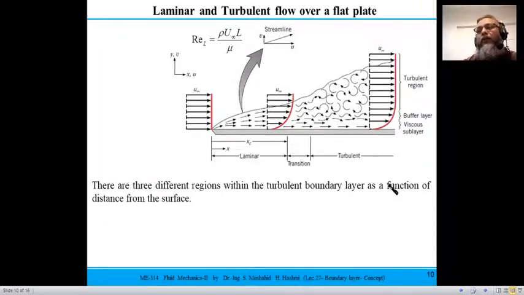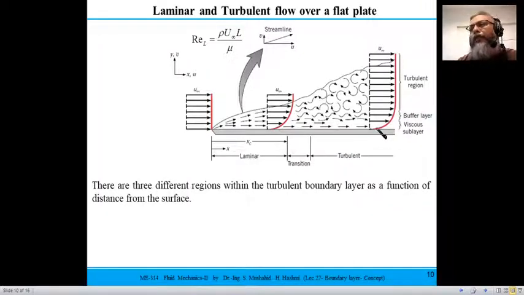If you look at the velocity profile, you see that in the turbulent region the thickness is much bigger. So we actually divide the whole turbulent region after the length at which the flow becomes turbulent. If you look at the velocity profile, this is a no-slip boundary condition, so the layer of fluid sticking to the wall has velocity 0.